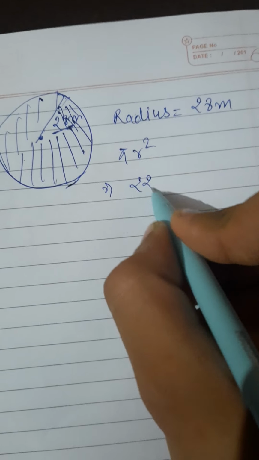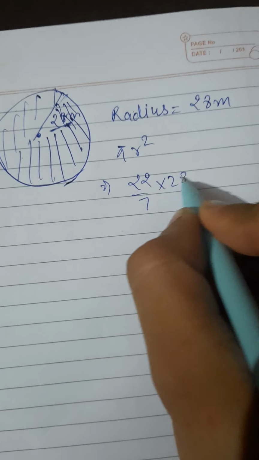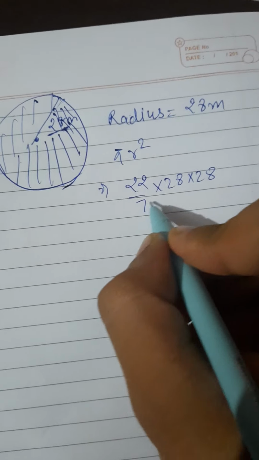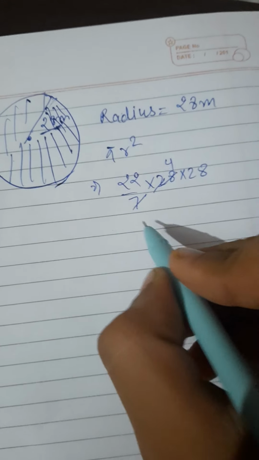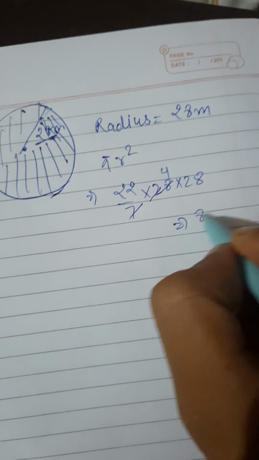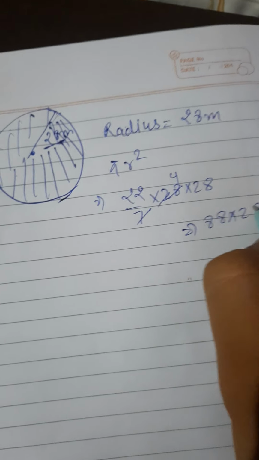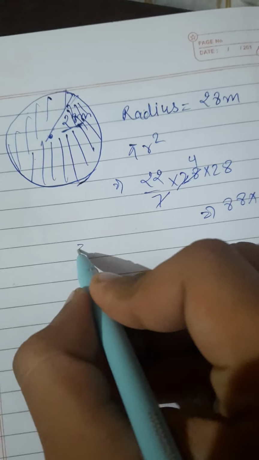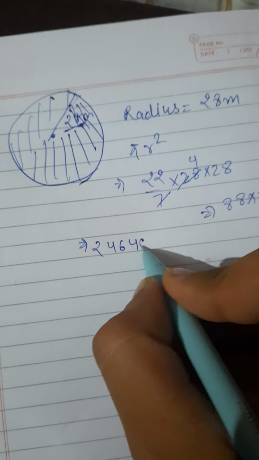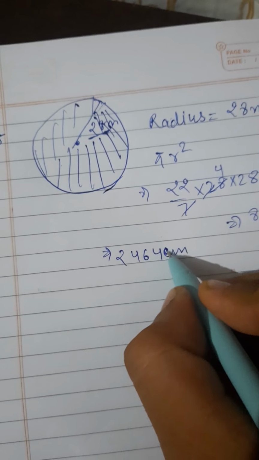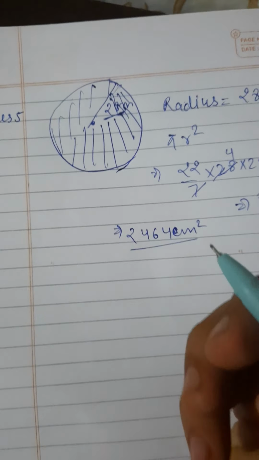It will be 22 by 7, 28 into 28. We can cut it off by 4. It will be 88 into 28, which will be 2464 meters square. This is question number 5.